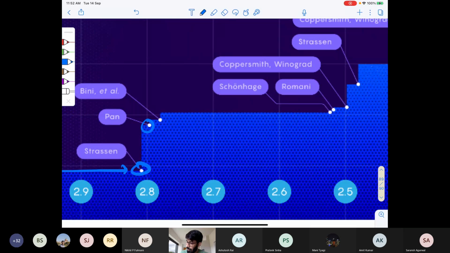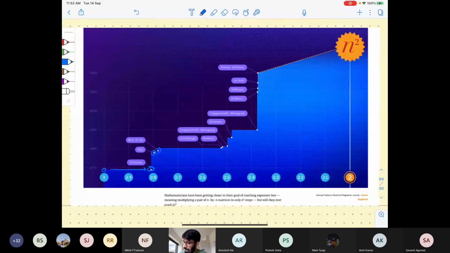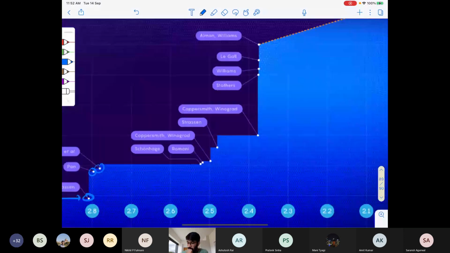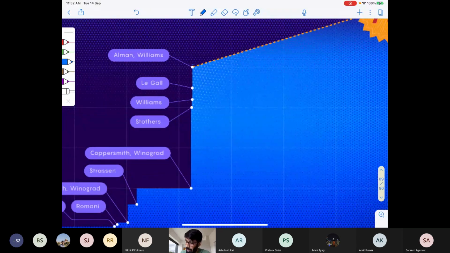Then again, some more progress, and it kept decreasing. On the y-axis there is time. Right now, this is Virginia Williams and Alman's result, and she even previously had this bound and so on.